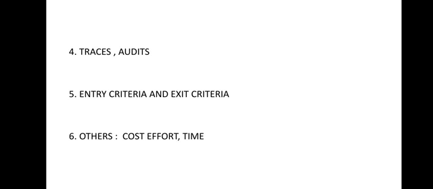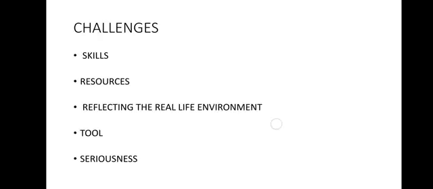Then we have to think about the setup criteria, that means the entry criteria, properly. The criteria to be met are defined well in advance, that means proper entry criteria. Similarly, a set of exit criteria is defined to conclude the results of the performance tests. So these are the main steps of a test plan. Furthermore, there are a lot of challenges.